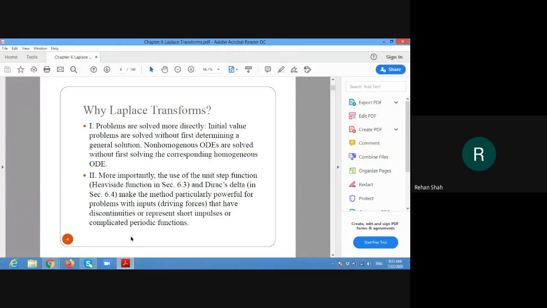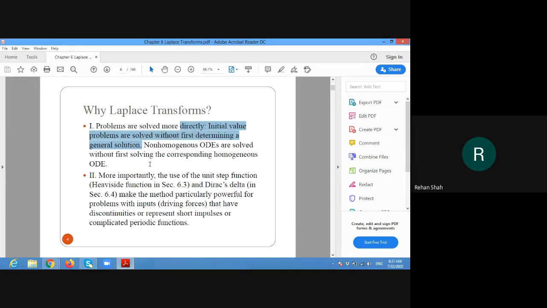Then for a particular solution, you put the initial condition, find the constant of integration, and get the specific solution, if you remember. But in the Laplace transform, you directly find the solution without finding the general solution.